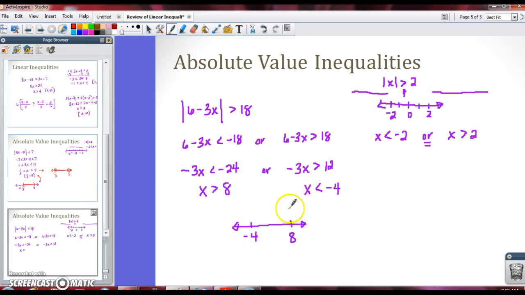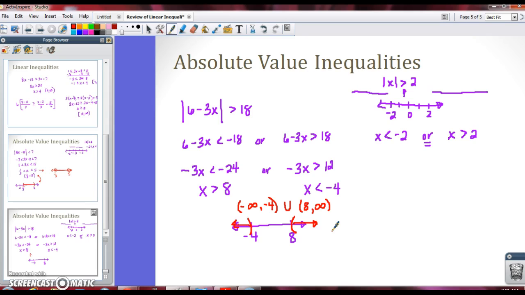If I wrote this in interval notation, I would have from negative infinity to -4, and then from 8 to +infinity. Remember, I have to take the union of that. When I do that, I end up with a graph that looks like this and a graph that looks like this. And that is everything I would have to do for that problem.